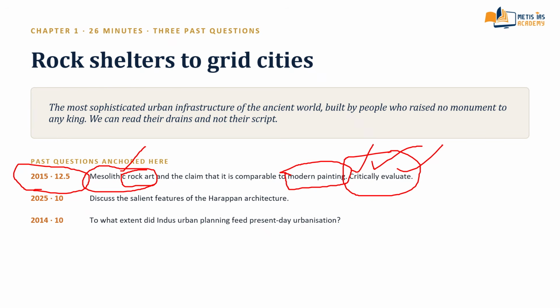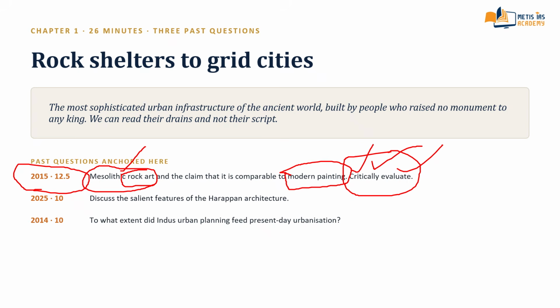And note that discovery is ongoing: newly reported prehistoric paintings in the Nilgiris in Tamil Nadu, and the rock art sites of the Chambal Valley now on India's UNESCO tentative list. This is not a closed field. And now the claim to a fine aesthetic sense comparable to modern painting.